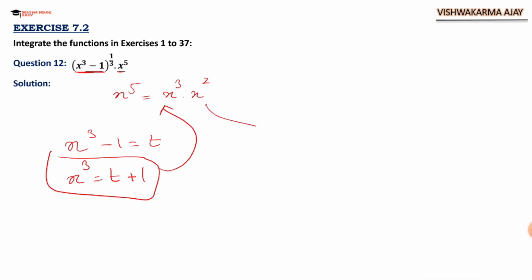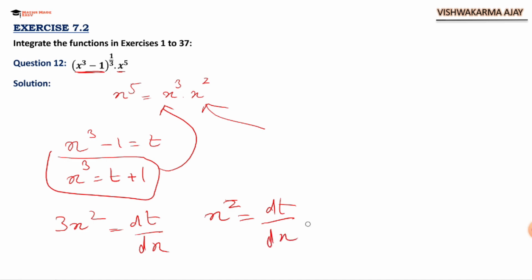x square will be replaced if we take the derivative of this, because now 3x square is equal to dt upon dx. So x square dx can be written as dt upon 3. So let's do this.